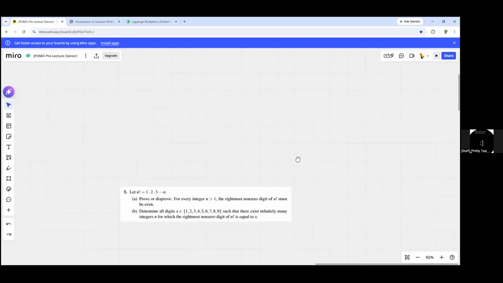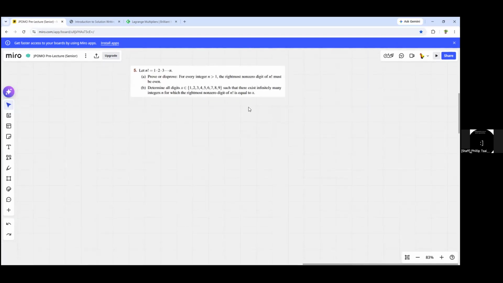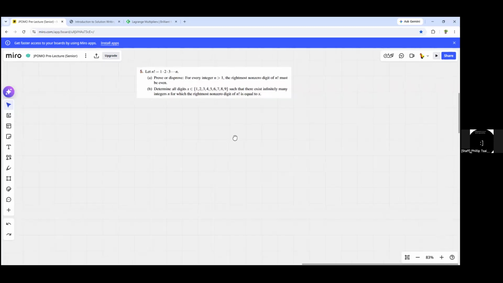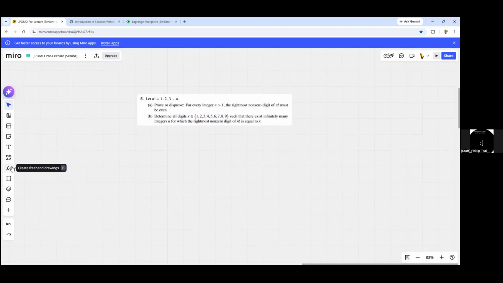Anyways, we're kind of out of time here, but I'm going to do a quick skim of each remaining problem if you're fine with extending a bit. So problem number five, we have that n factorial equals the product of all positive integers up to n.